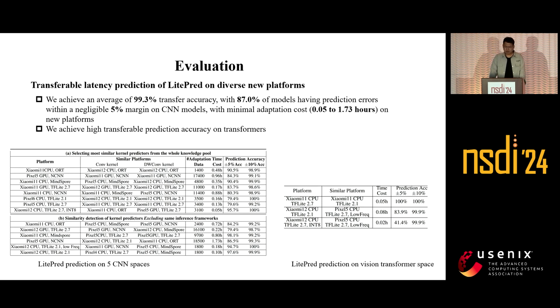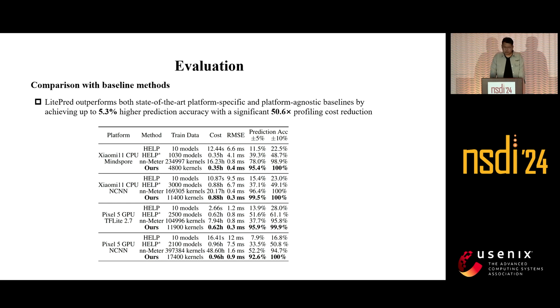We achieve an average of 99.3% transfer accuracy, and 87% of models are within plus or minus 5% error, and the adaptation cost is only 0.05 to 1.73 hours on the same platform. Compared to the sawtooth methods, we achieve up to 5.3% higher prediction accuracy with a significant 50 times profiling cost reduction.